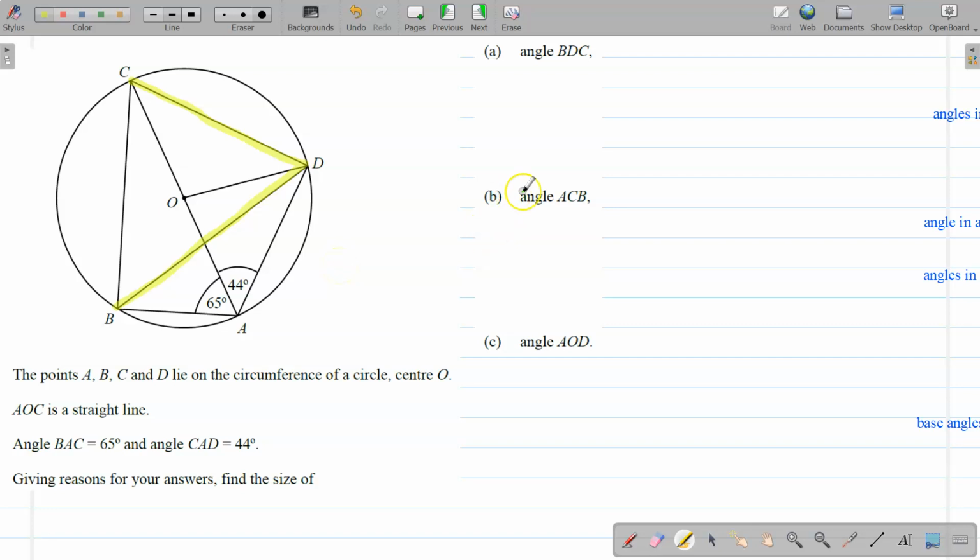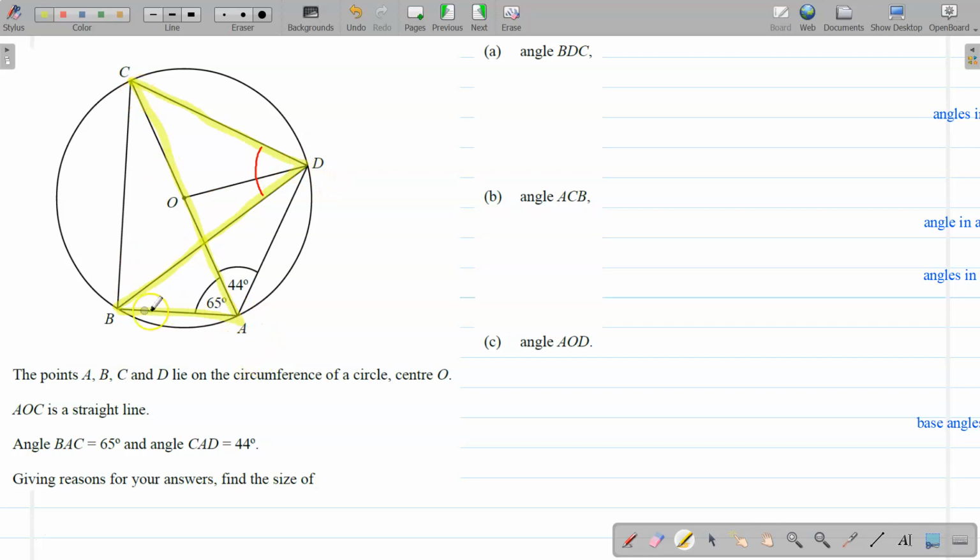Now, if you look at the diagram carefully, we already have an angle equal to that, because this angle here from C to D to B is the same as this angle here from C to A to B, because they're both coming from the same 2 points up to the circumference and back.